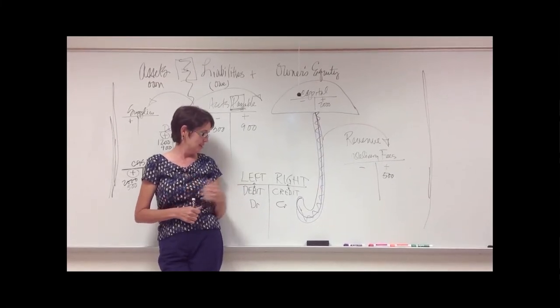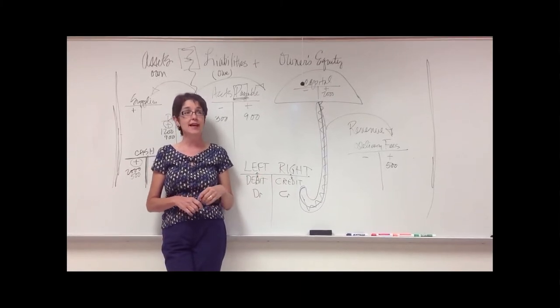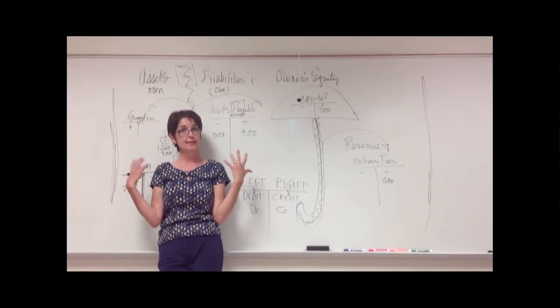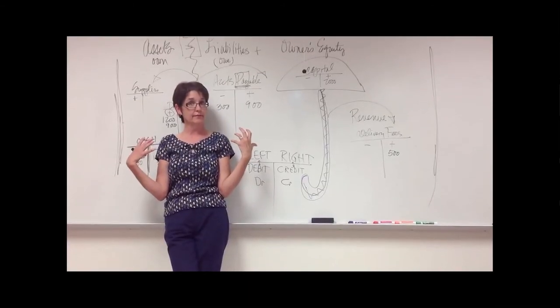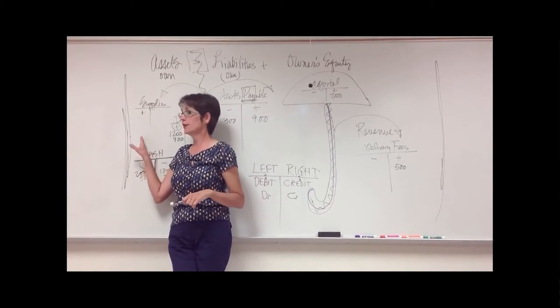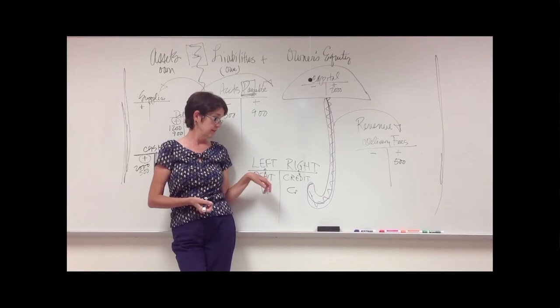That's on video. So we've got debit means left, credit means right. So if I were to take these two terms and place them inside these T accounts that I already have written on the board, that means that I would go to every left side of the T, and I'm going to put what? Debit.